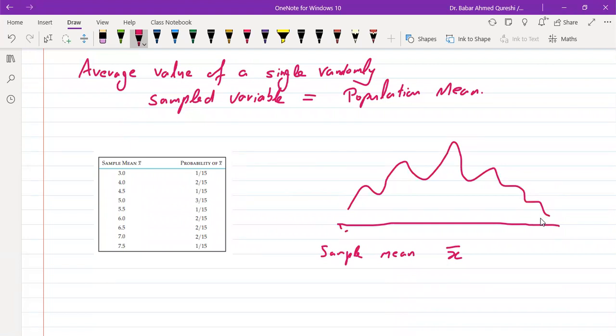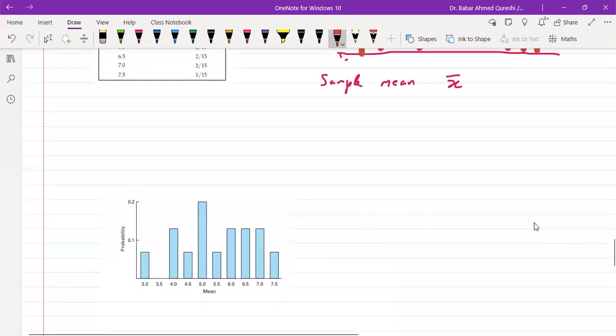Since we are for now mostly talking about discrete variables, a much cleaner way is to draw bar graphs, because I have only discrete values. So sample mean becomes a random variable.